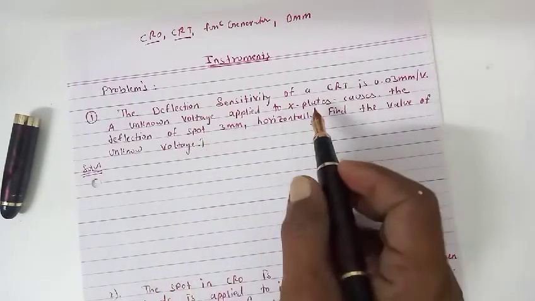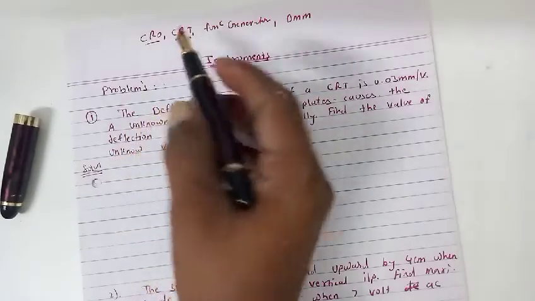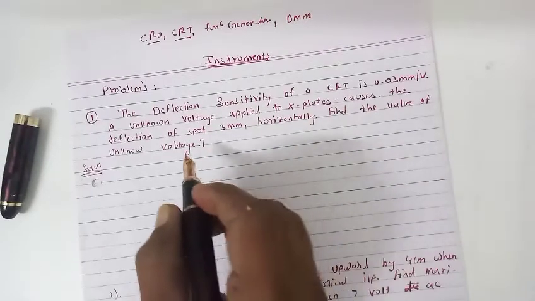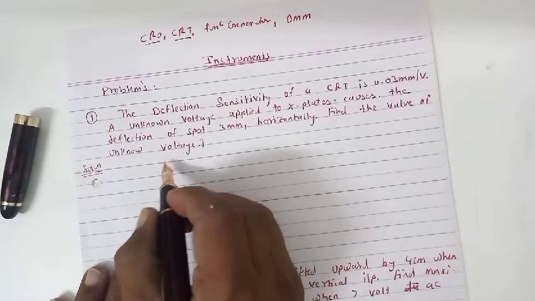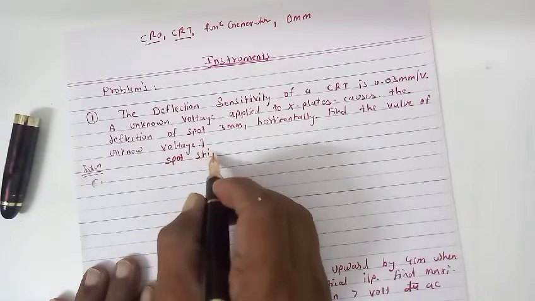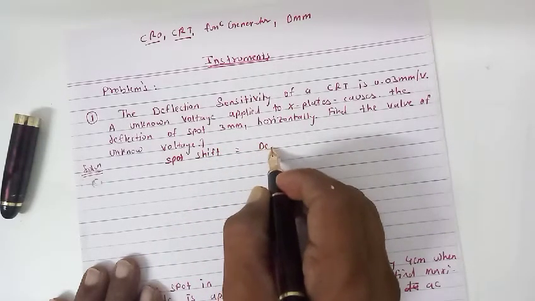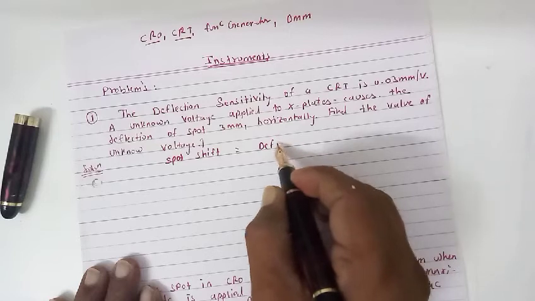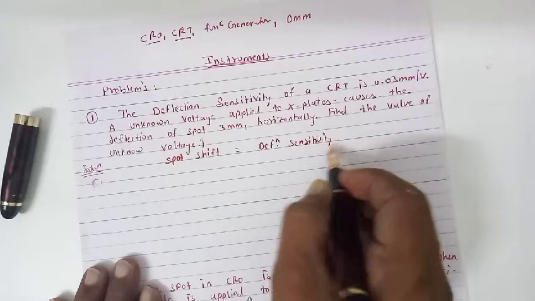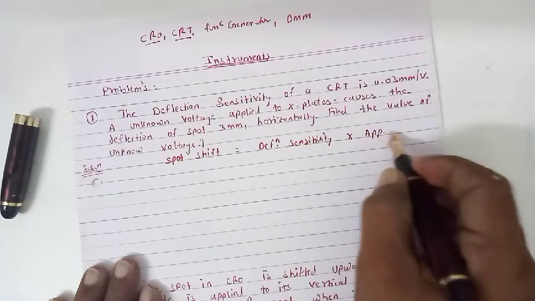Okay students, when we studied the CRO and the CRT, we got one formula, the formula of spot shift. Spot shift is equal to deflection sensitivity multiplied by applied voltage.